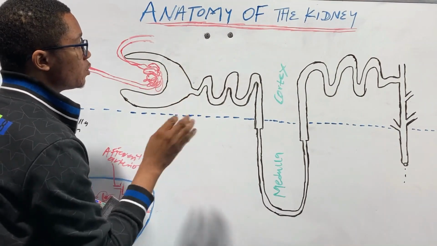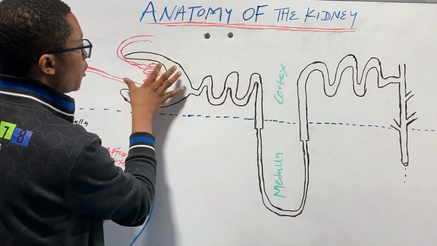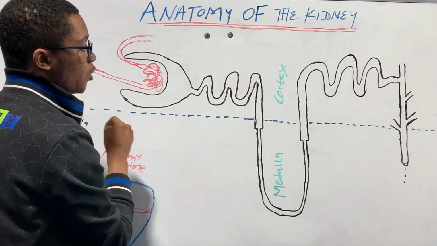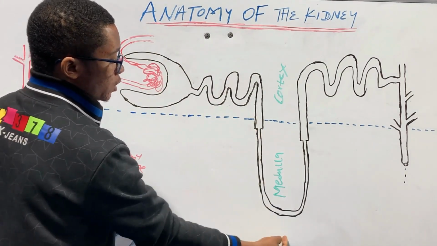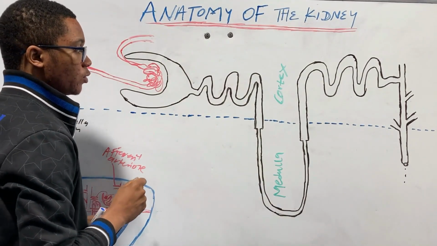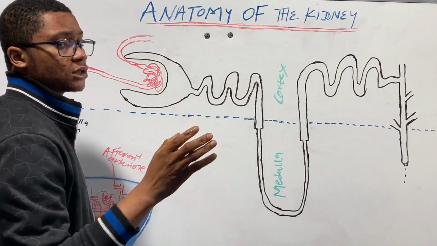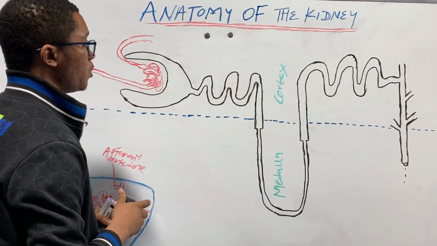In the cortical nephron, or intermediate nephron, the glomerulus is found in the middle of the cortex, while the loop of Henle descends into the medulla. This is the most common type of nephron, found in about 80% of the population.